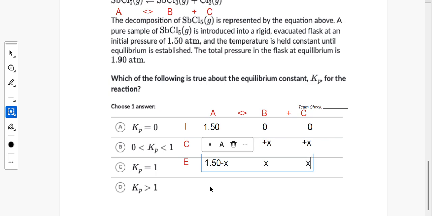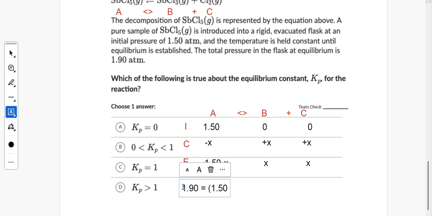Now, let's see here if I can then do something with that. They have told me that the combination, due to Dalton's law, of all of my pressures at equilibrium, they all add up to 1.90. So I know that 1.90 is equal to the total, which is all of my gases working together at equilibrium.